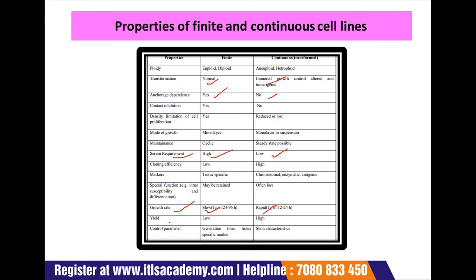The yield is low in finite cells, but high in continuous cells. The control parameter is generation time and tissue-specific markers in finite cells, but in continuous cells it is these characteristics.